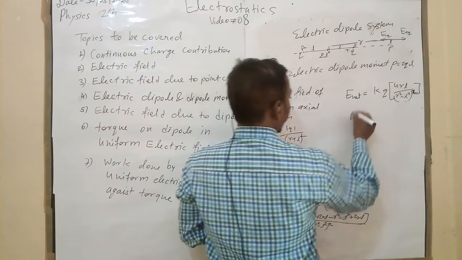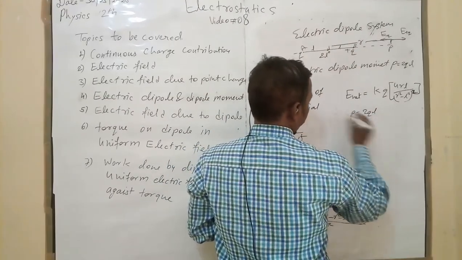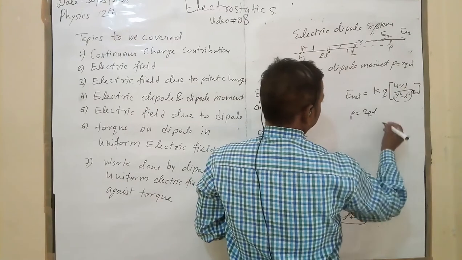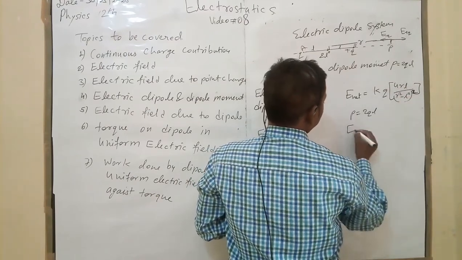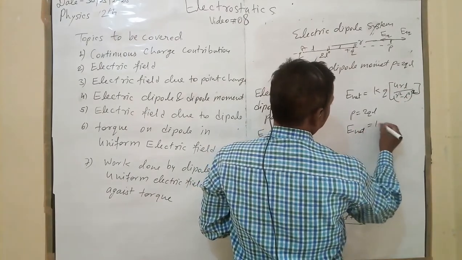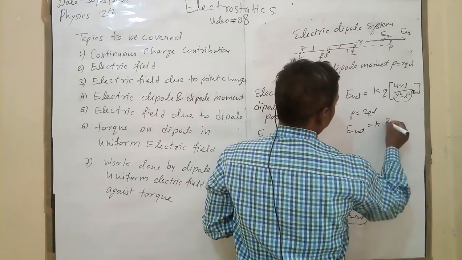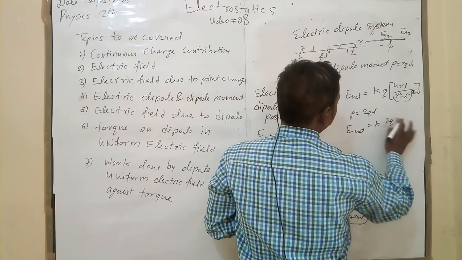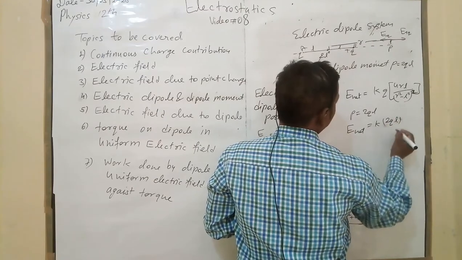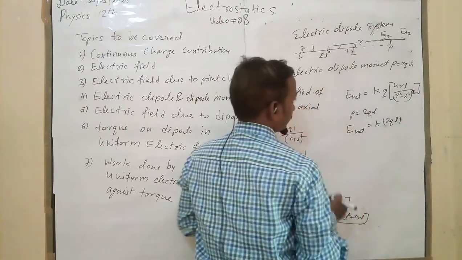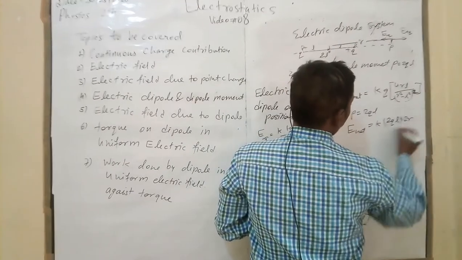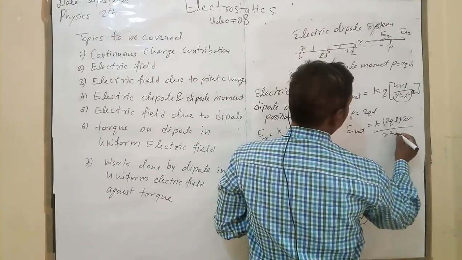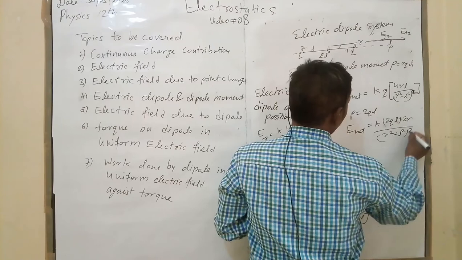So we know that P equal to 2QL. Put the value here. E net equal to K times 2Q times 2L into 2R upon (R square minus L square) whole square.